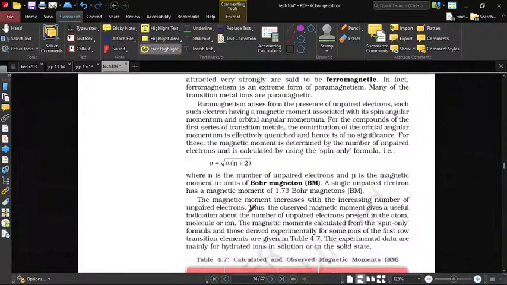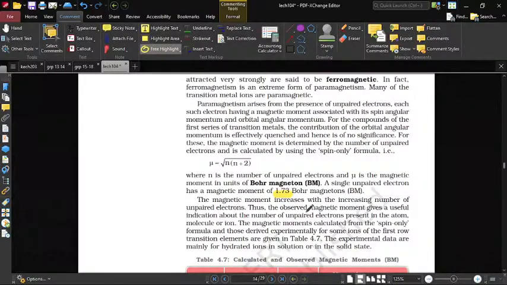spin-only formula. That is, mu is equal to the square root of n into n plus 2, where n is the number of unpaired electrons and mu is the magnetic moment in units of Bohr magneton. A single unpaired electron has a magnetic moment of 1.73 Bohr magneton. Magnetic moment increases with increasing number of unpaired electrons.